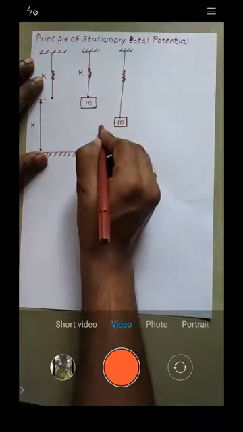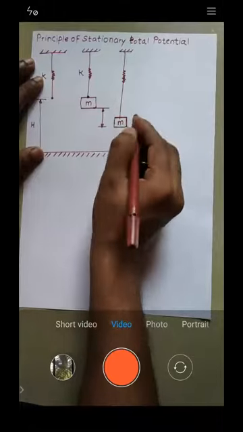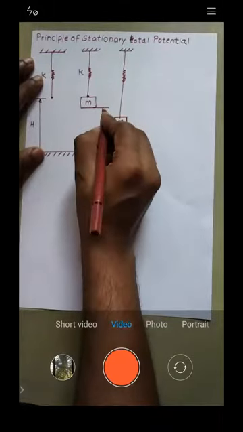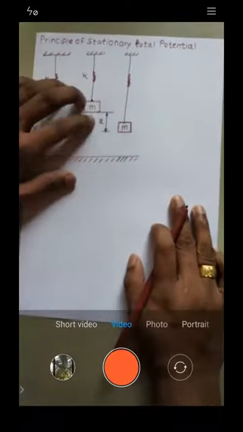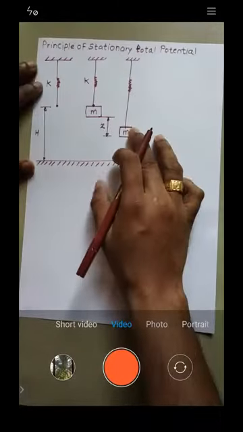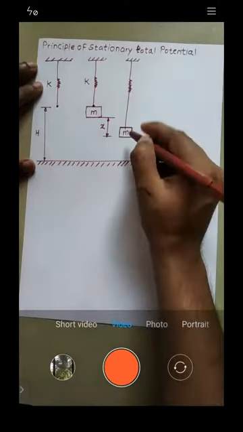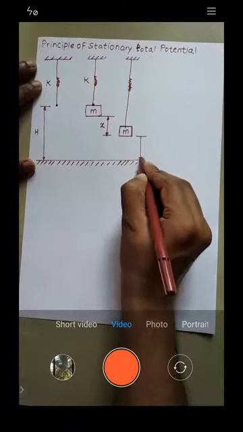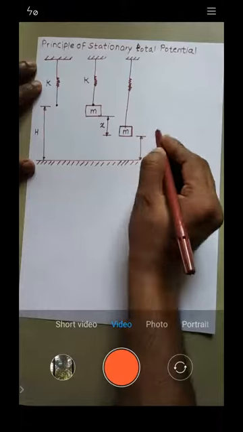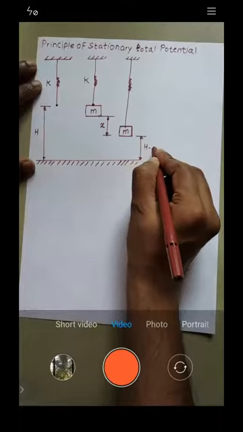Let's say the mass has traveled a distance x, which means x is the displacement of the spring. Then the new position of the mass with respect to the datum is h minus x.